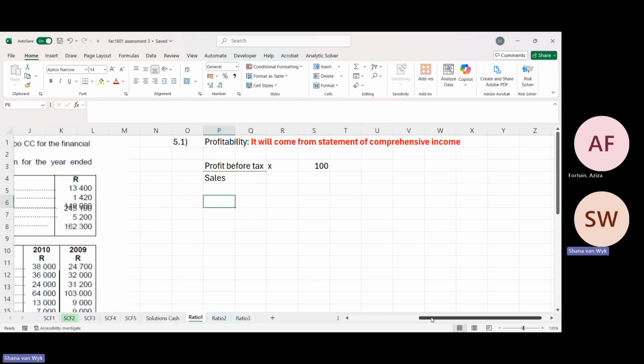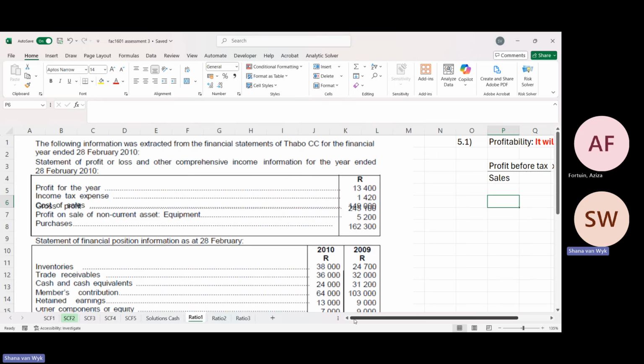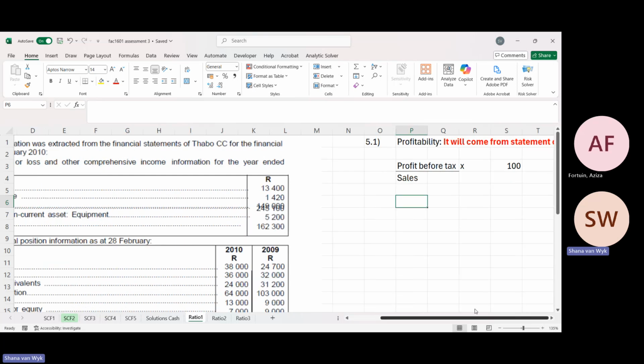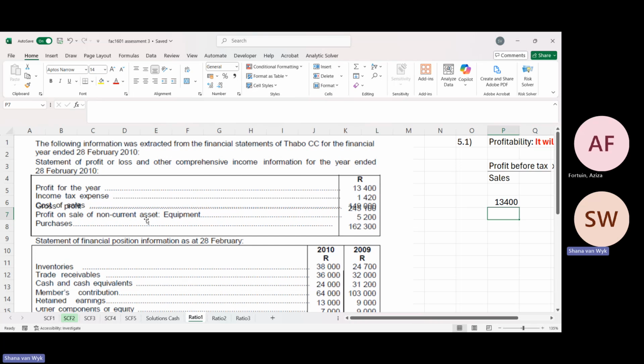Okay, so profit before tax, let's quickly check. Profit for the year, and then it's income tax. So I assume it's this amount, 13,400.